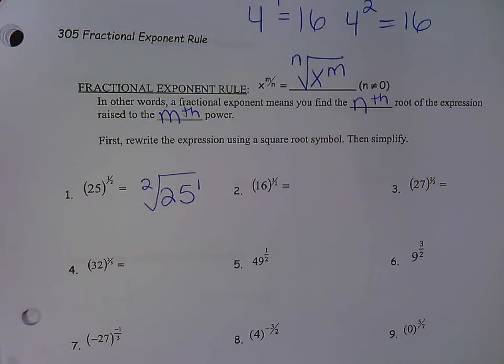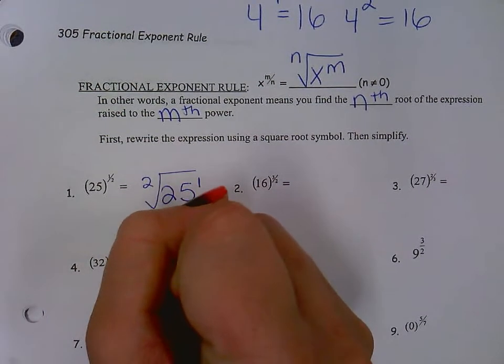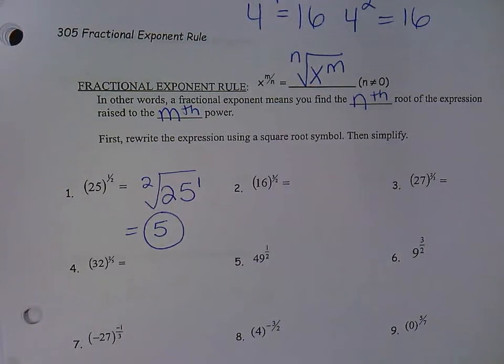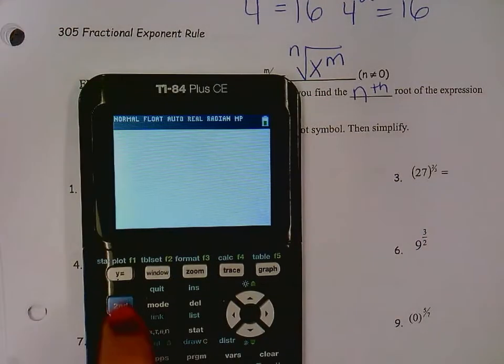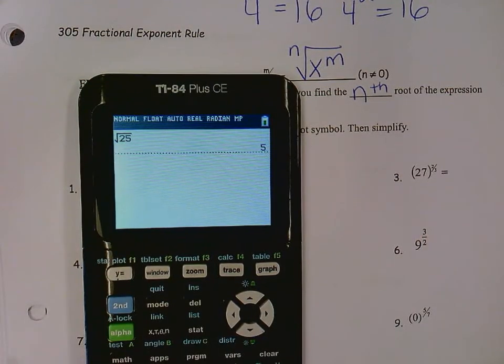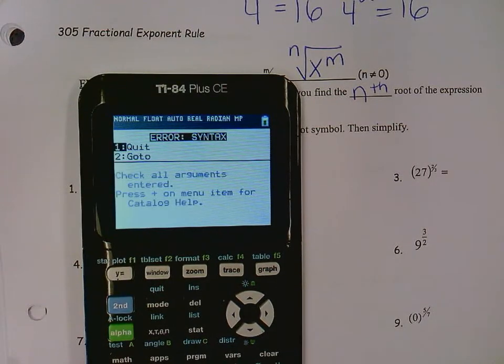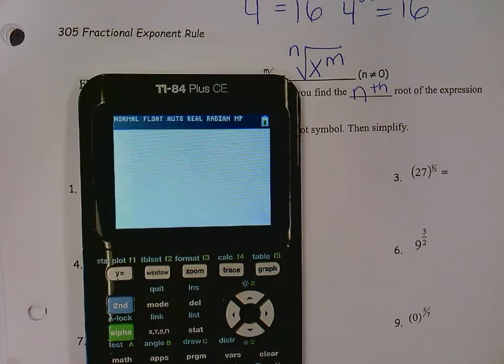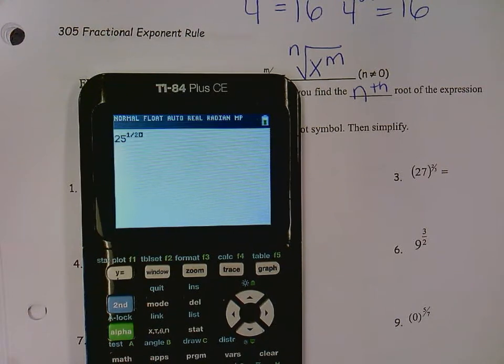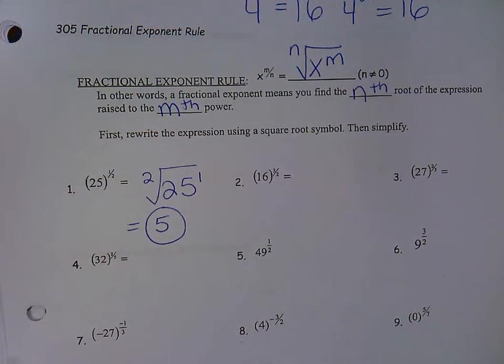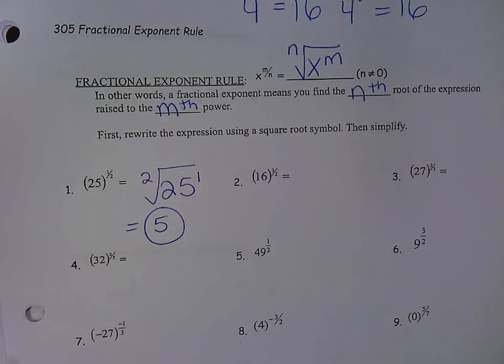This is just the square root of 25. What is the square root of 25? Just 5. So on your calculator, if you typed the square root of 25, or you typed 25 to the 1/2 power, it would still tell you the answer is 5. So a fractional exponent is just another way of writing a radical expression.